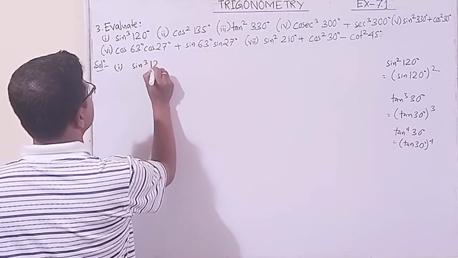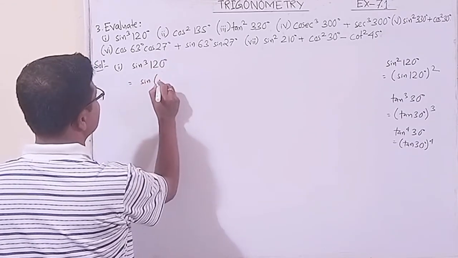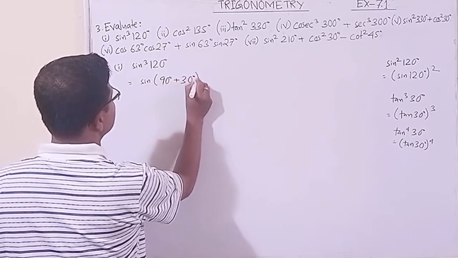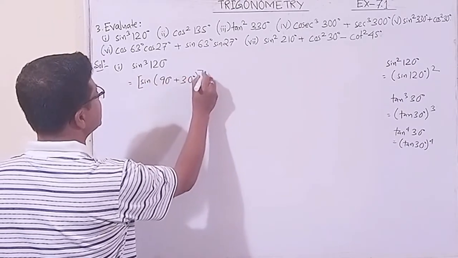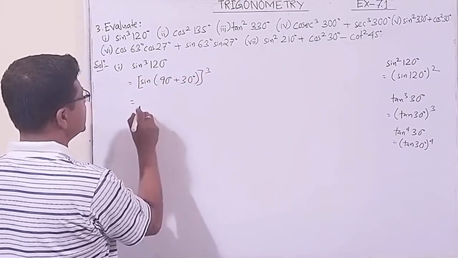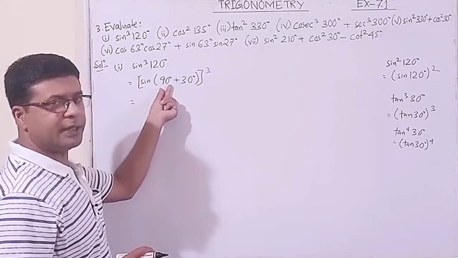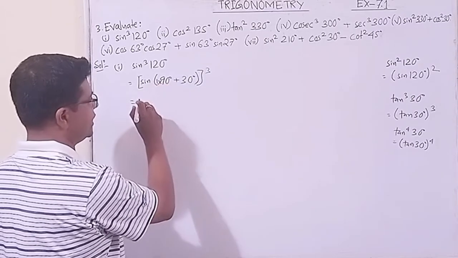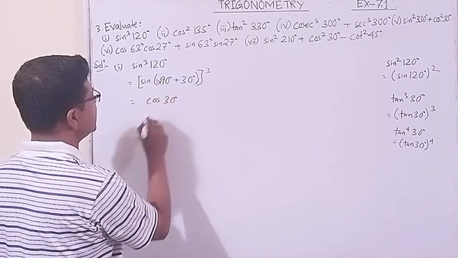Sine cube 120 degree. It means sine of 120. How can you write? 90 plus 30. This is sine 120, but its cube we have to write. Okay. Now, as it is an odd multiple of 90 degree, this means 1 into 90 degree. Is it not? 1 into 90 degree. So sine is converted to cos. Cos of 30 degree.